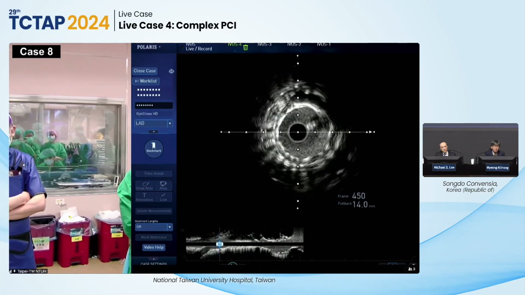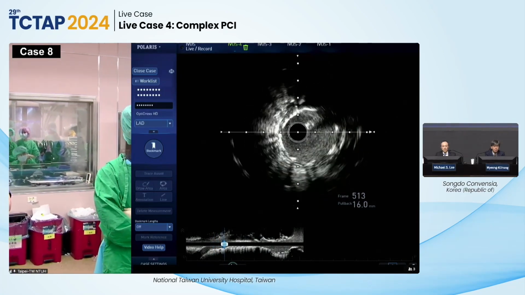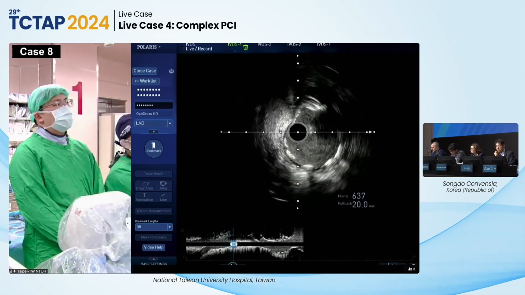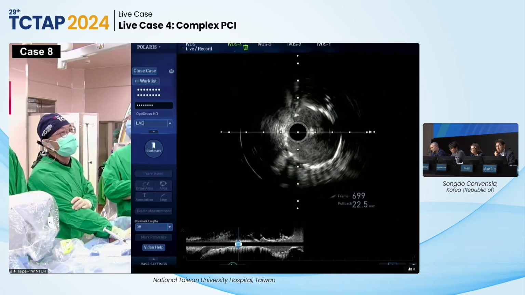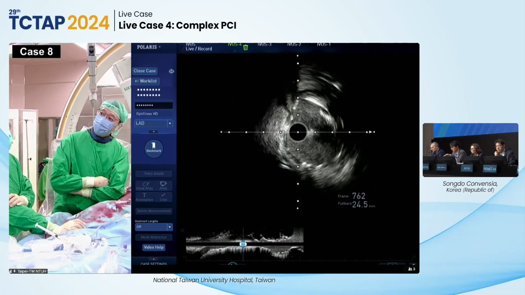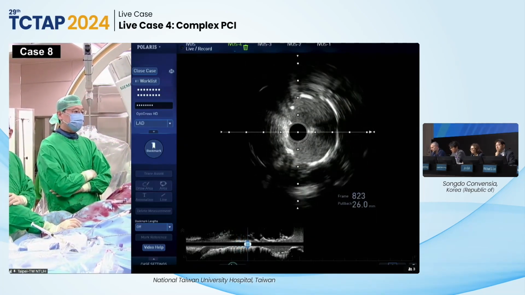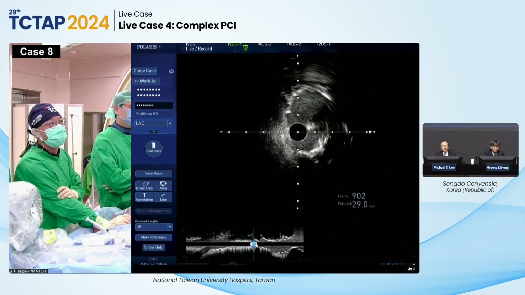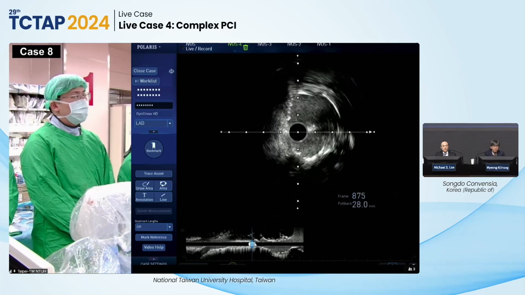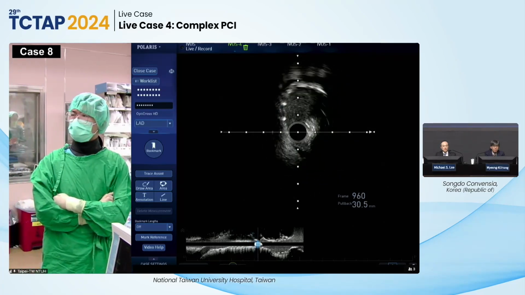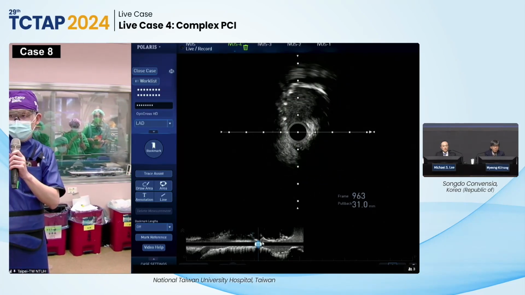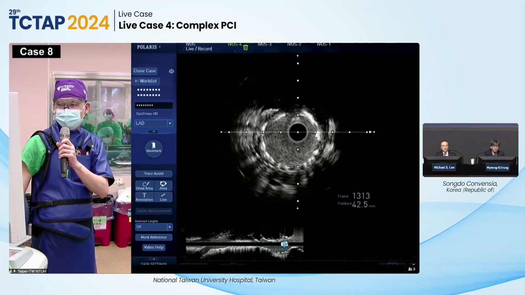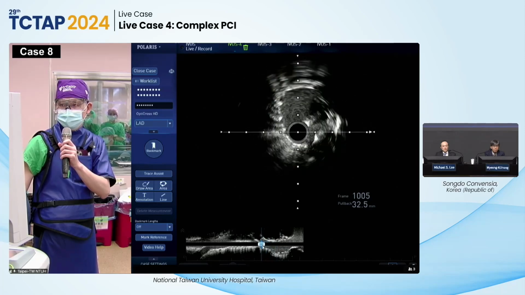So the same, the distal landing of the stent was good. The expansion is fine. Yeah, Dr. Huang is there. Okay. And let's move forward. I think this is the most underexpanded part around here as well. The proximal part is good, so let's see.